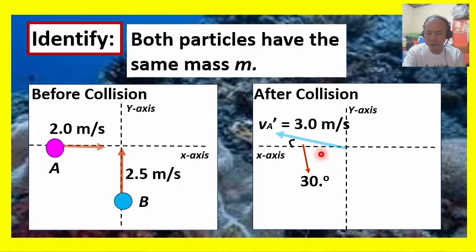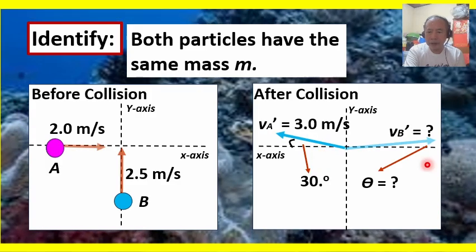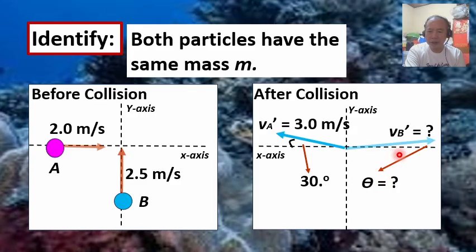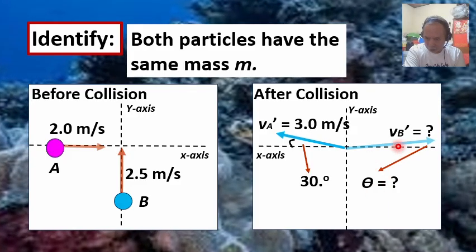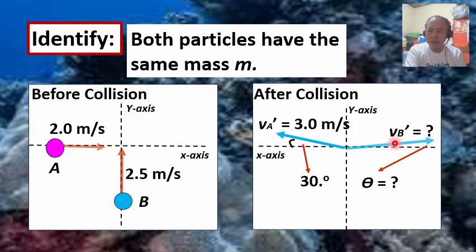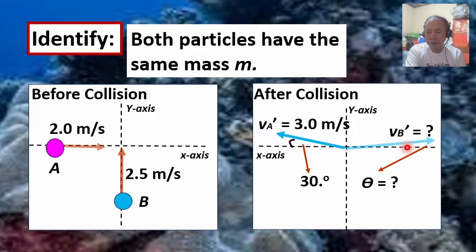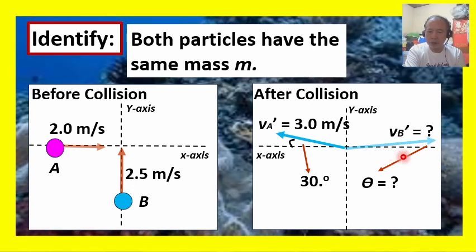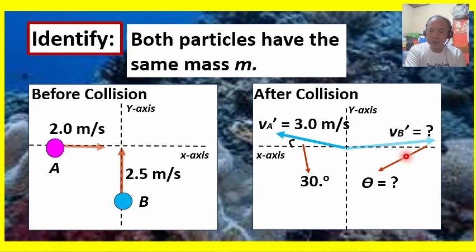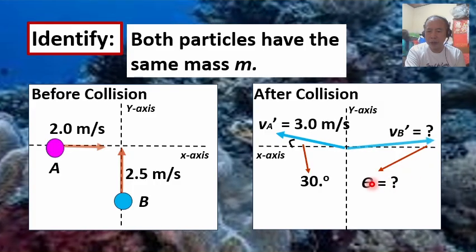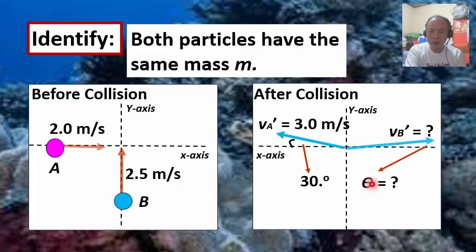while particle B is deflected with an unknown speed denoted by v of B prime, and the angle that it forms with the positive x direction is also denoted here by theta.